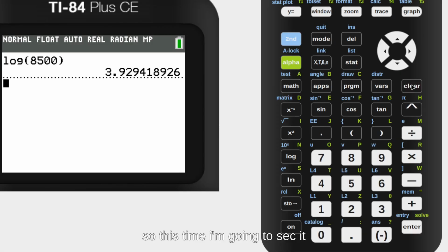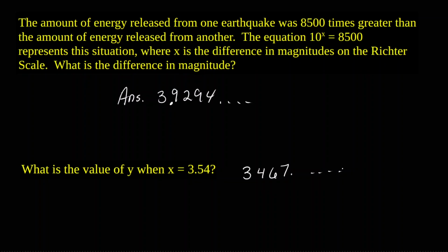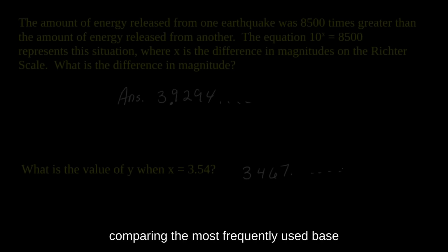This time I'm going to go second log, and I'm going to enter 3.54. So it'd be 3467. That will be 3,467 times more than what we're comparing.